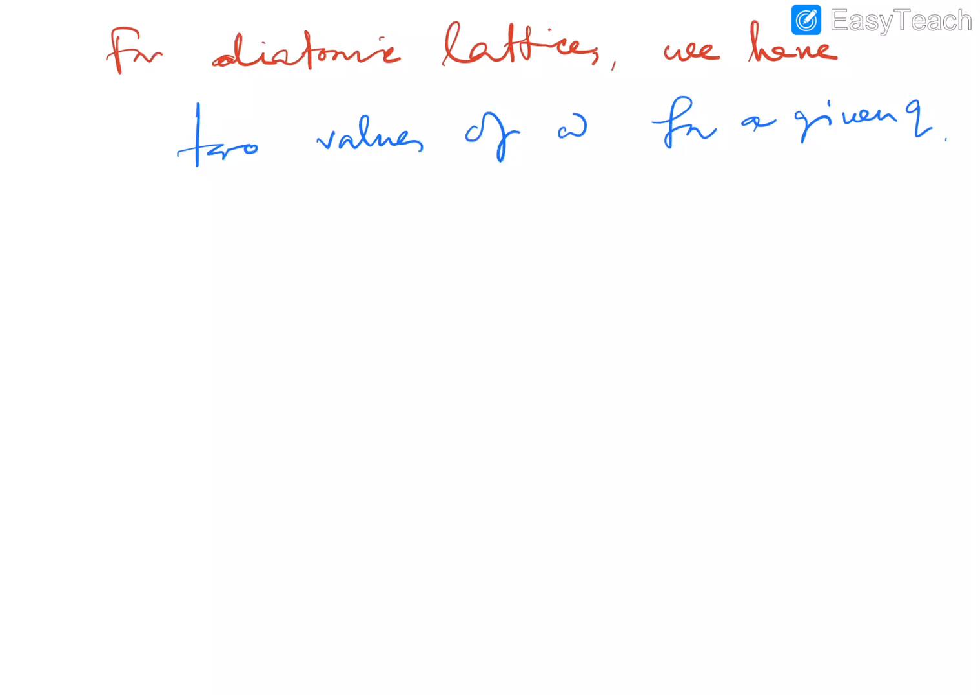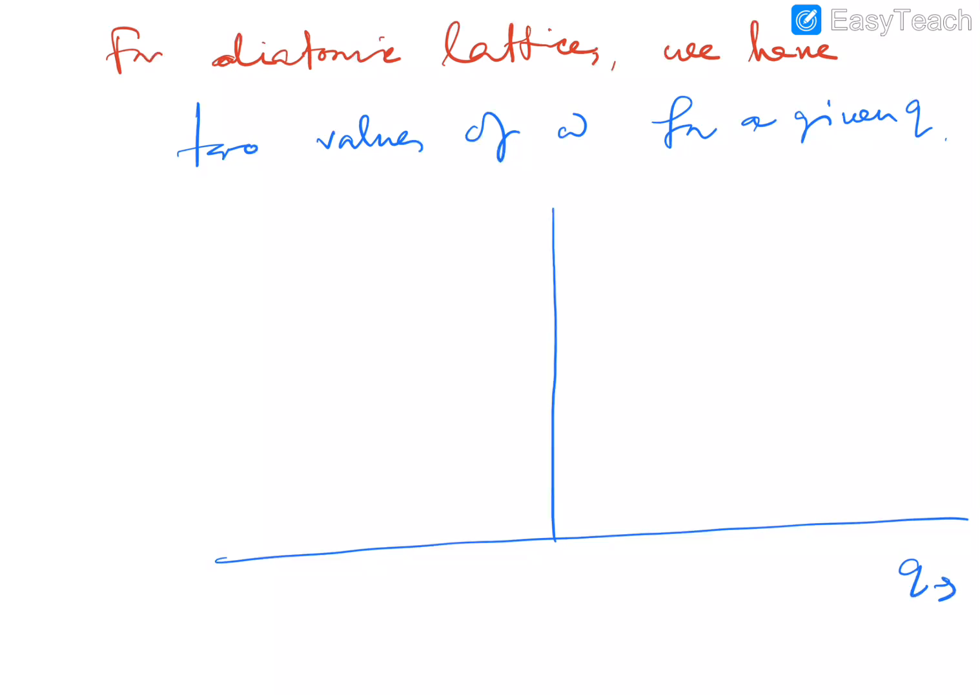Given q, even in the positive quadrant. Okay, so what it means is that if you look at the spectrum now, let me draw it, right? So this is q, right, and this is omega, right?